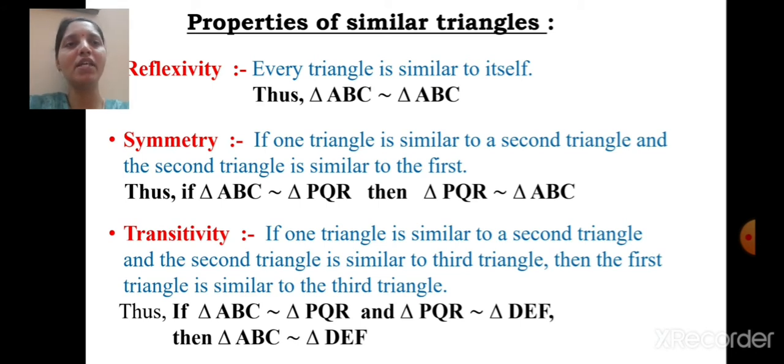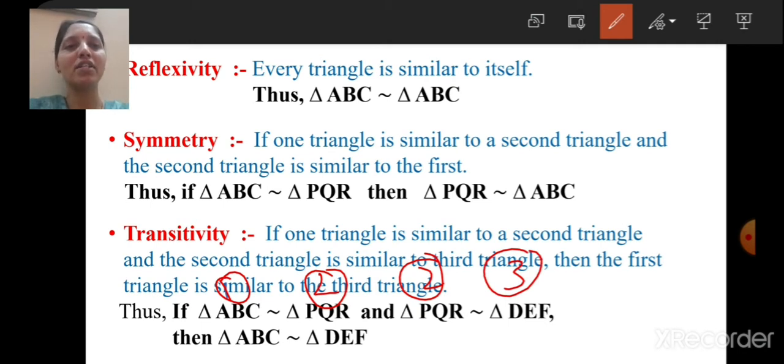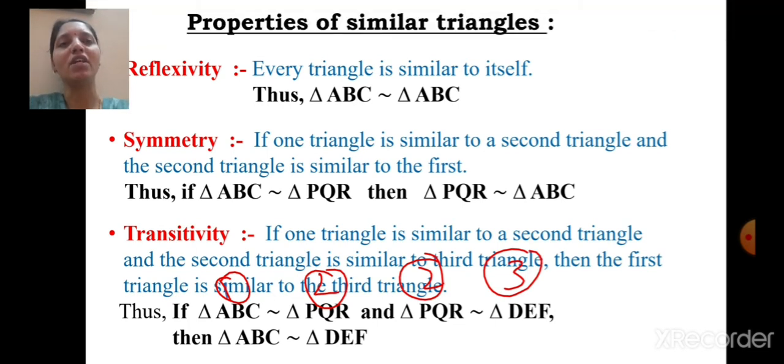If triangle ABC is similar to triangle PQR, so ABC is the first triangle, PQR is the second triangle, and the second triangle is similar to the third triangle, that is triangle DEF, then you can say that triangle ABC is similar to triangle DEF. First triangle is similar to the third triangle. This property is known as transitivity and it is shown by similar triangles. So these are the three properties shown by similar triangles. Okay, I hope everyone is clear with the properties of similar triangles.